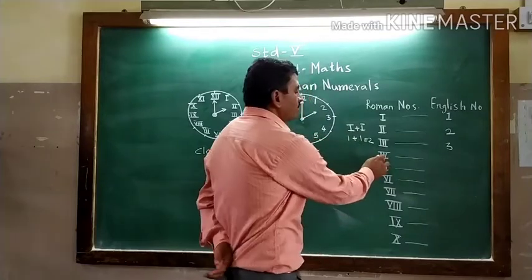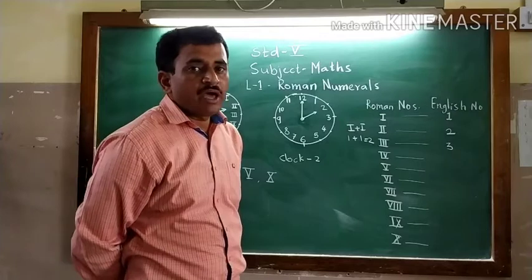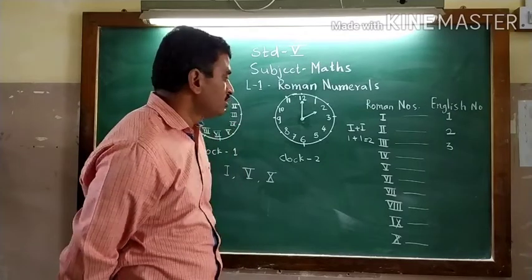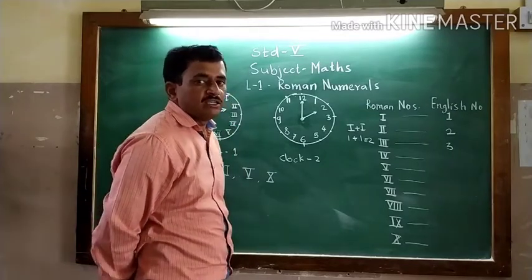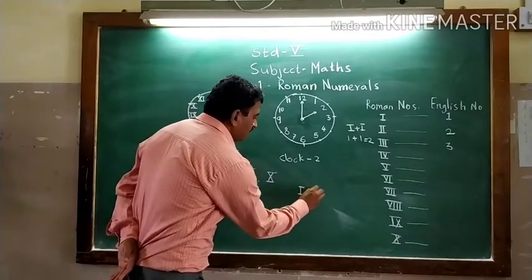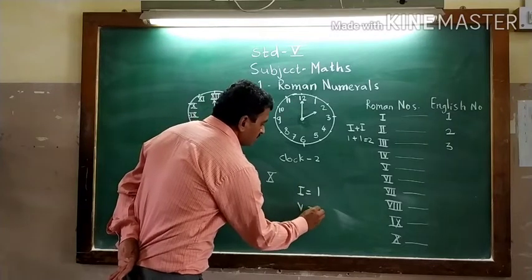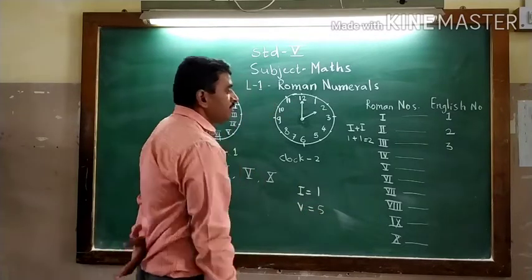Now here 4. In this 4, I is used and V is used. Value of I is 1. Value of V is 5.